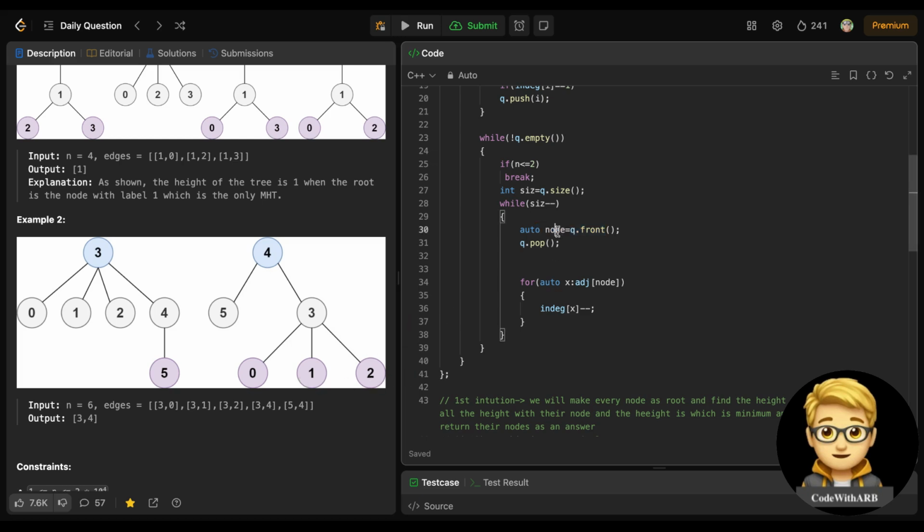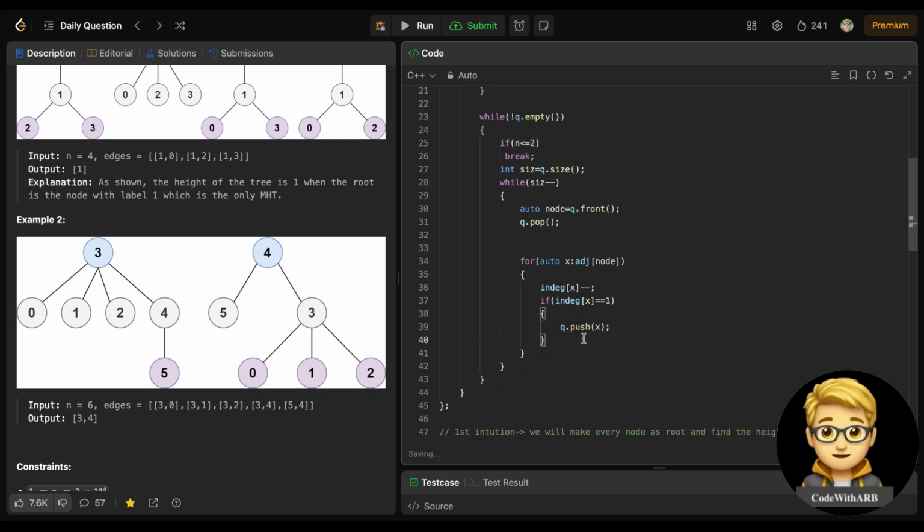Suppose this is 2 here, this 2 is removed, so we need to decrease the in-degree of 3 also. So I will check whether the in-degree of x becomes 1, and if it does, I will insert it in my queue, because it has now become a lower-degree node, right?